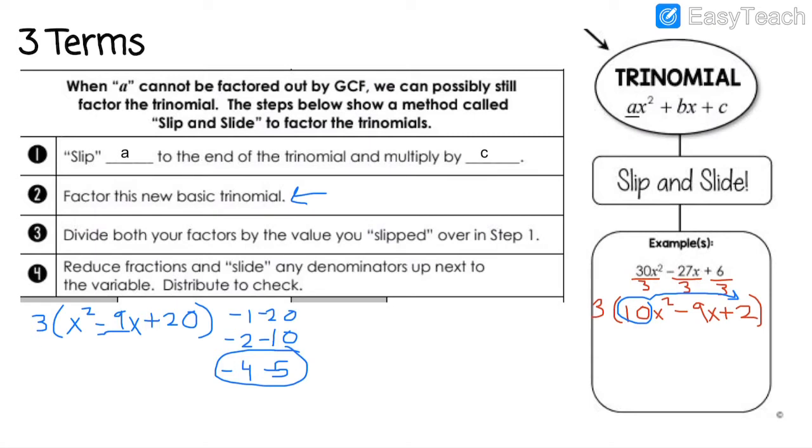So I'm going to rewrite this as 3 times x minus 4 times x minus 5. All right, then we need to go on to step 3. Divide both of our factors by the value we slipped over in step 1. So remember, we multiplied by 10, so now we need to divide by 10.